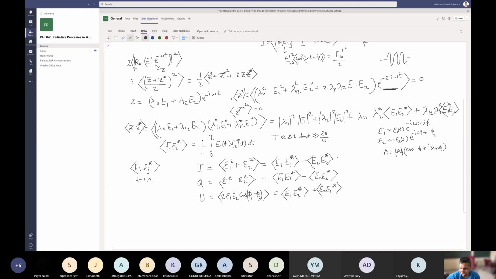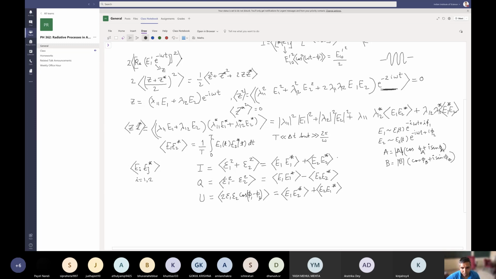So this is A, and B is equal to the absolute value of B, which is a real number, times cos phi B plus i sin phi B, right?